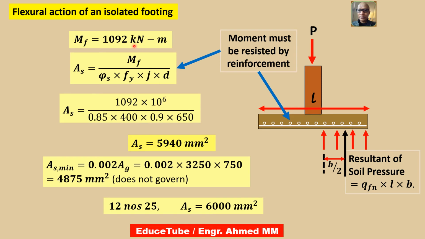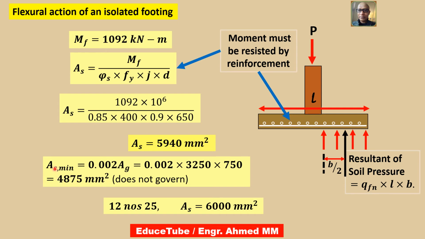MF is 1092 times 10 to the power 6, since it was kilonewton meter and we put it in Newton millimeter. Phi S is 0.85, Fy is 400, J is 0.9, and d equals 650. We get AS equal to 5940 millimeter square.